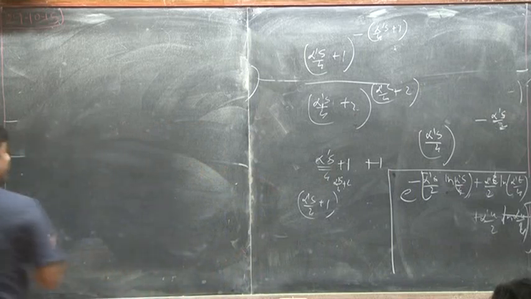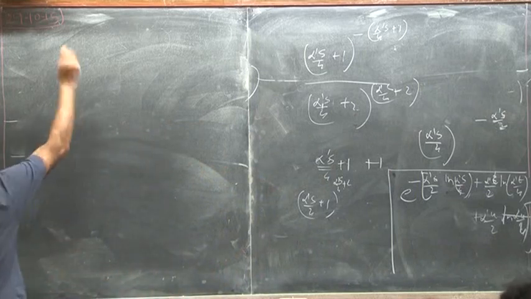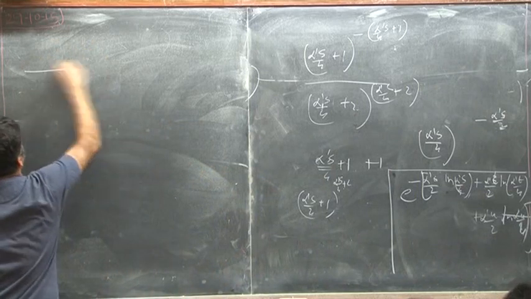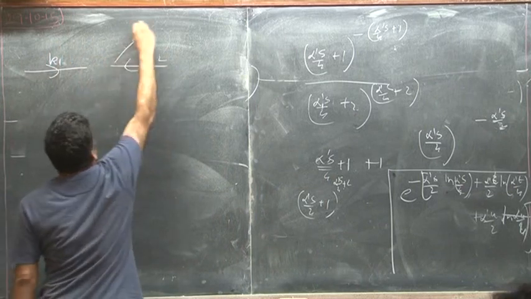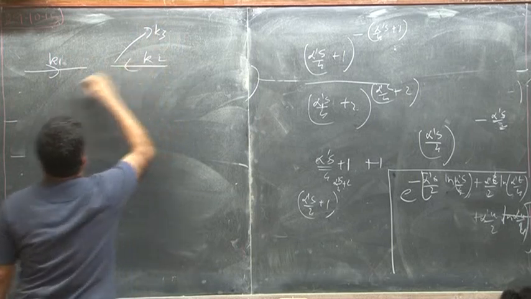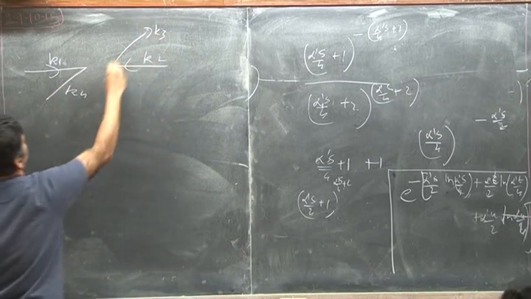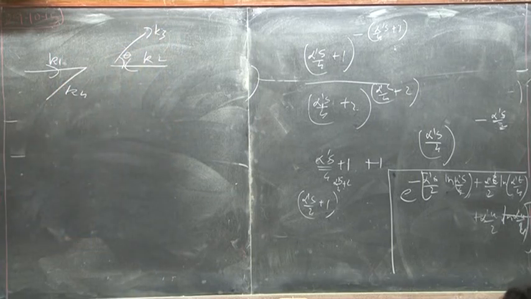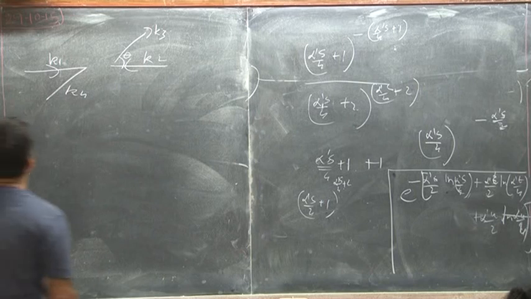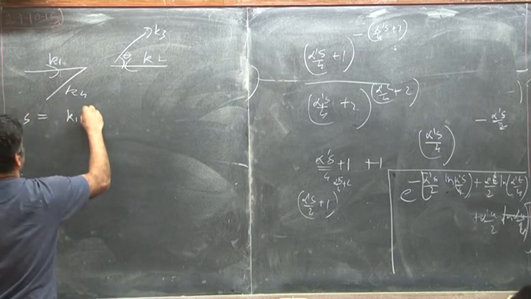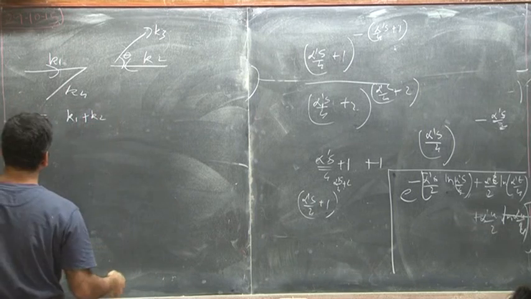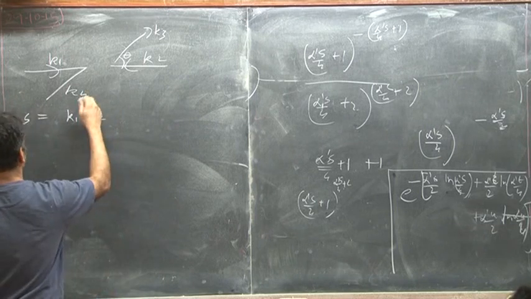Okay, so we'll do the kind of exercise we did last semester. Okay, so we've got K1, K2, K3, and K4. There's some angle theta here. And in terms of theta, I want to compute S, T. Okay, so S was simply K1 plus K2, the whole thing squared.